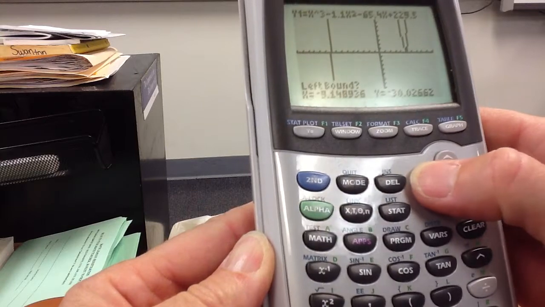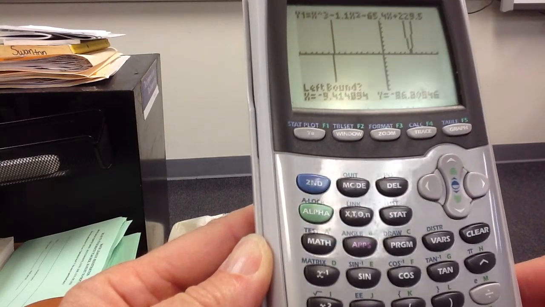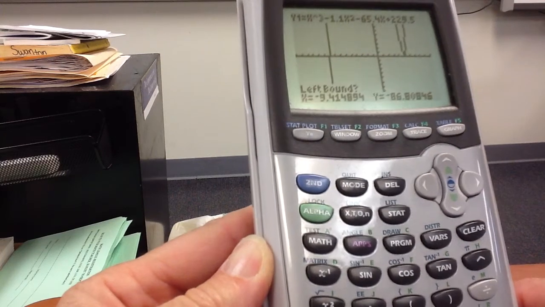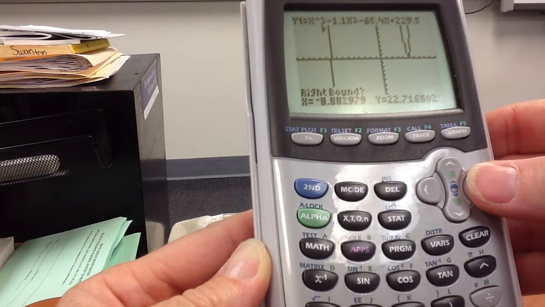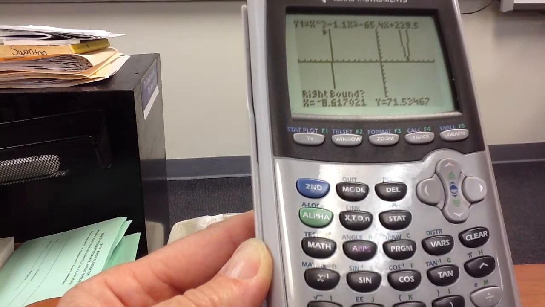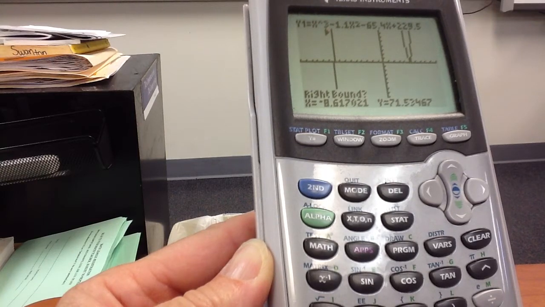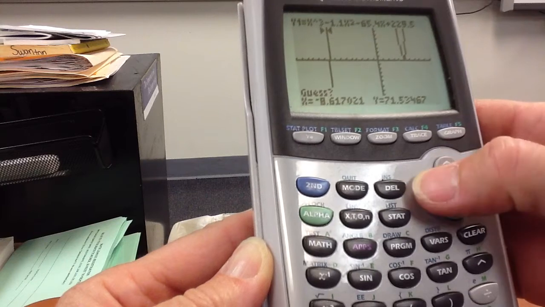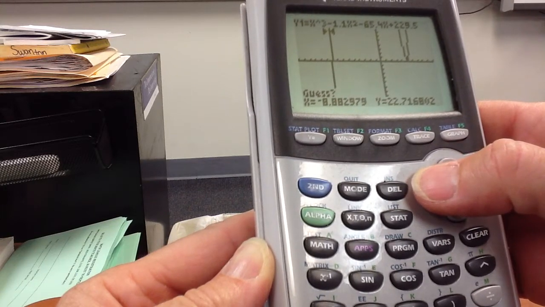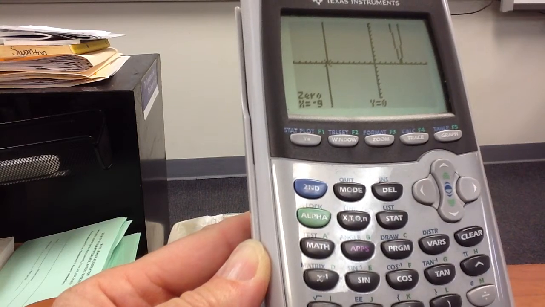So I am going to move my cursor until I have a negative y value, and then press enter. Now I'm going to move my cursor till I have a positive y value. Is this an exact science? No, you just want a positive y value, so I'll press enter. Now I need to move my cursor so it's in between those two. Press enter, and there's my 0 again.